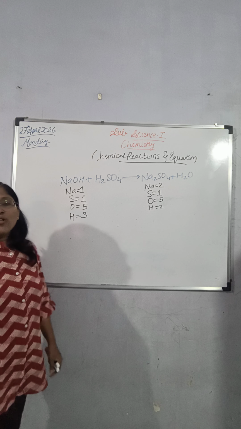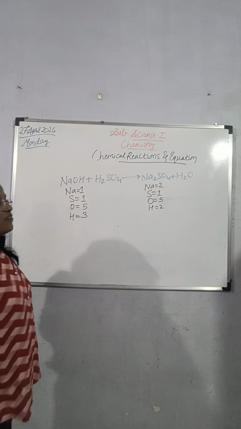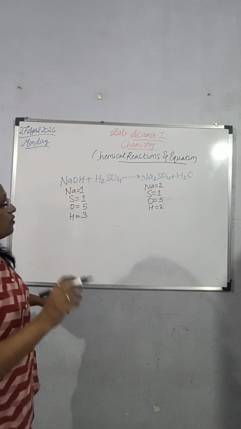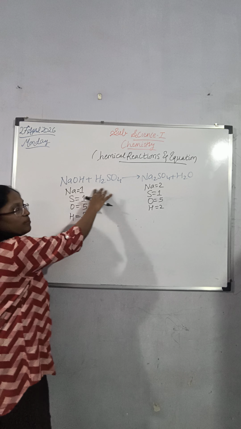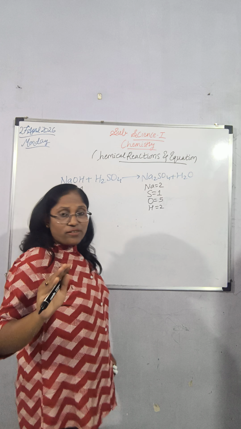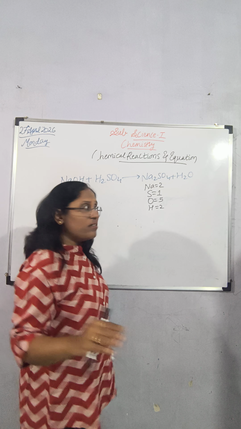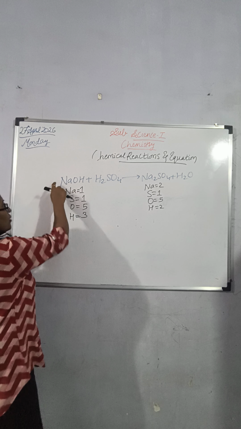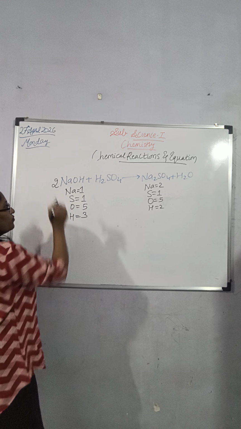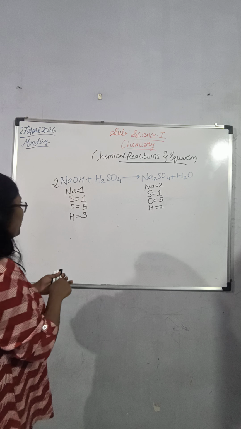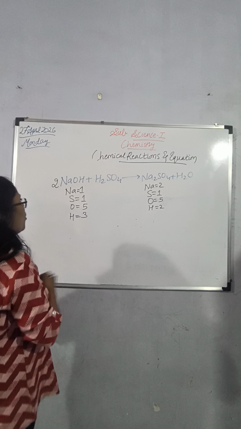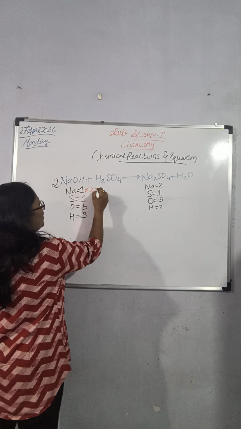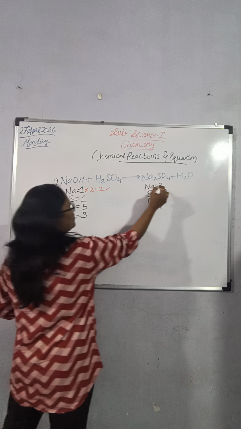Are they balanced? No. So first what we are going to do, we are going to balance the metals. So here sodium will be multiplied by 2. When we multiply this by 2, what are we getting? We are getting here 2. So this is balanced.